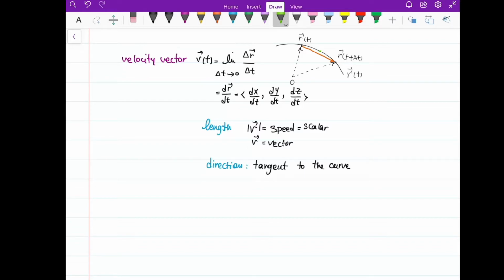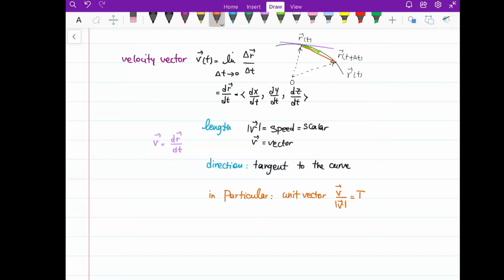So as delta t goes to 0, we get this vector delta r, and as you see, we get the tangent to the curve. Okay, so that's the velocity, which is dr over dt. In particular, something important in problems is the unit vector, which is the velocity vector over its length, and we show it by T.